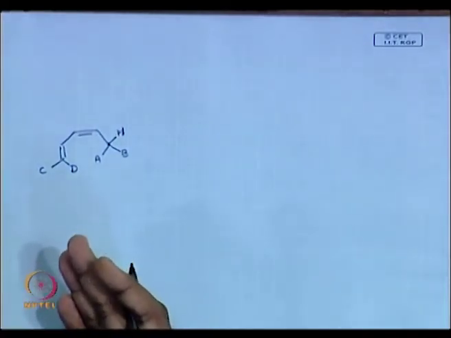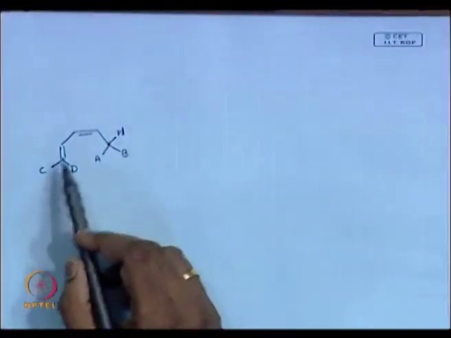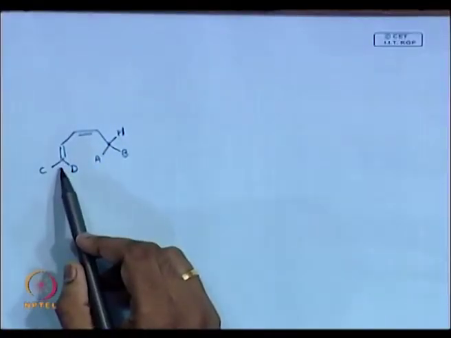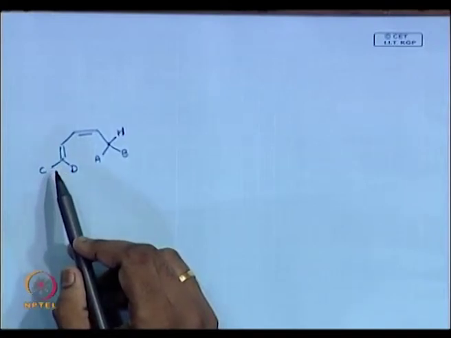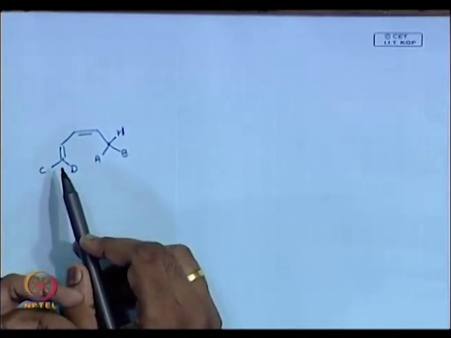Now, if I heat this reaction, it will happen. Okay. But once your hydrogen moves to C and D, it is going to generate a chiral carbon. Okay. Then the stereochemistry comes into the picture, right. So, it can be two ways, it can be R or it can be S, right.